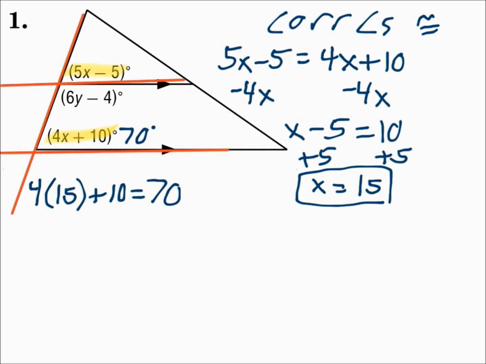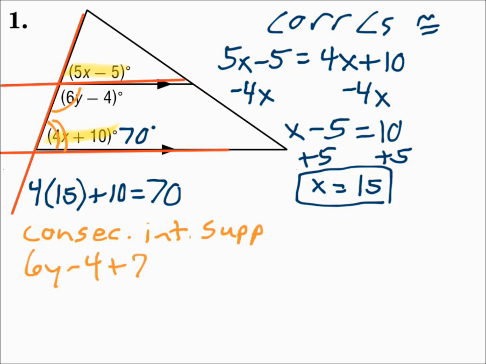Now what special angle pair do those two make? Those are consecutive interior angles. And they're supplementary. So we can add their measures up to equal 180. 6y minus 4 plus 70 equals 180.